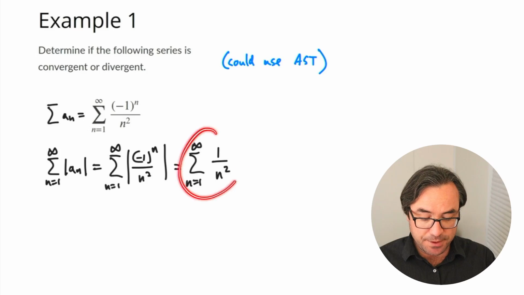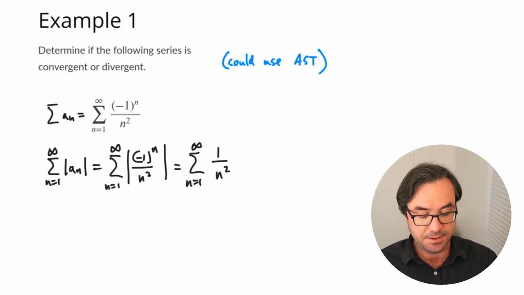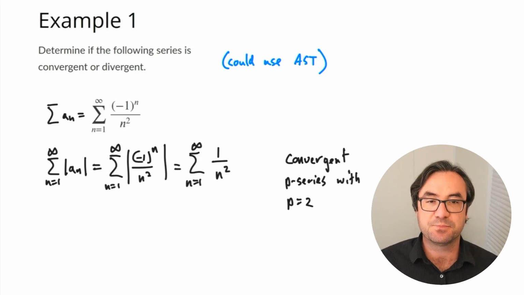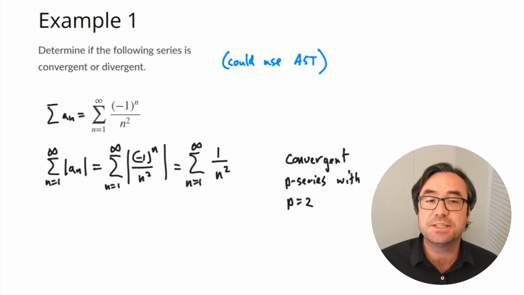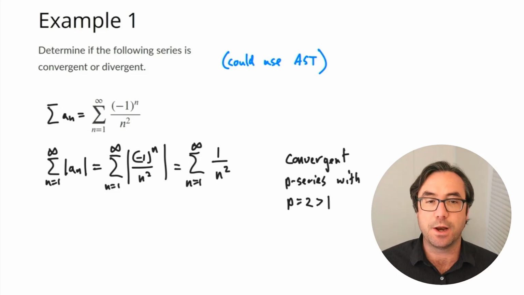And at this point, we know what this is. This is a p-series, and it's convergent. This is a convergent p-series with, what's our p-value here? It's 2. And in order for a p-series to be convergent, we need our p-value to be greater than 1.